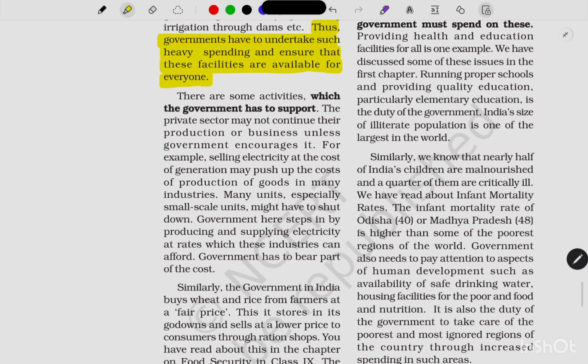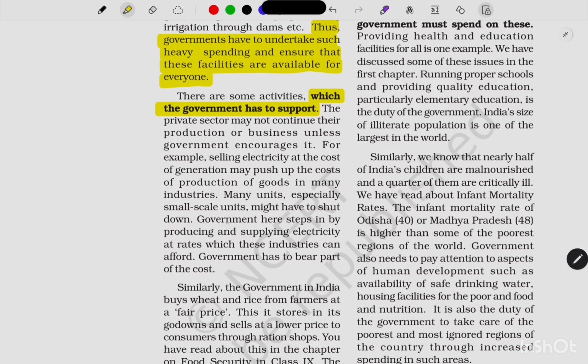Now, there are some activities which the government has to support. And what are these? The private sector may not continue their production or business unless the government encourages it. For example, selling electricity at the cost of generation may push up the cost of production of goods in many industries.